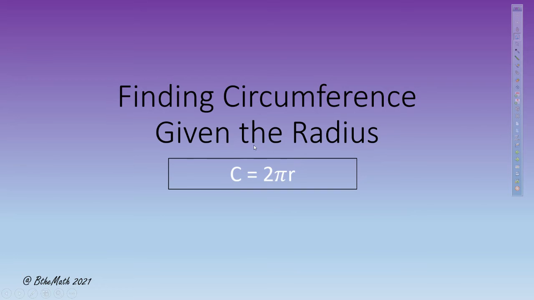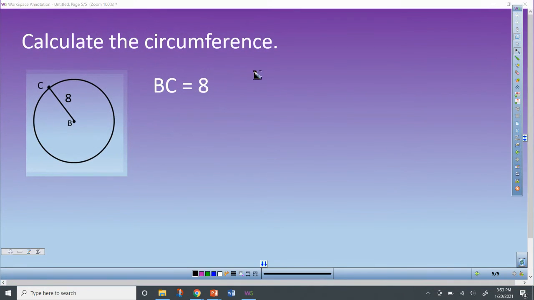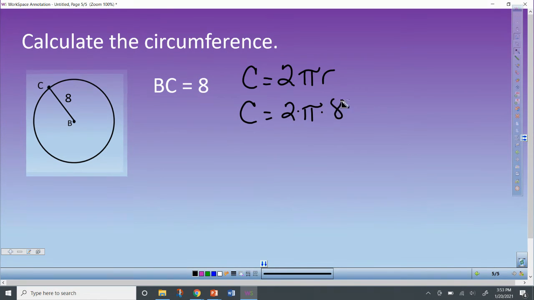All right. If we're finding the circumference given the radius, we use the formula C equals 2 pi r. So if you look, this line segment from B to C is 8 units. And so our formula would be C equals 2 pi r. So we're going to have 2 times pi times 8.